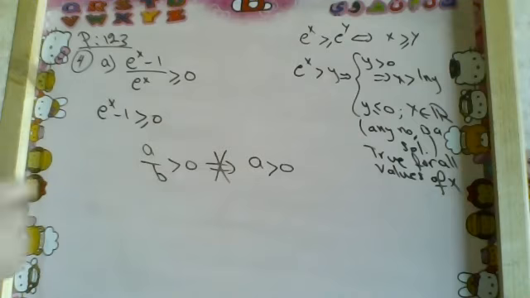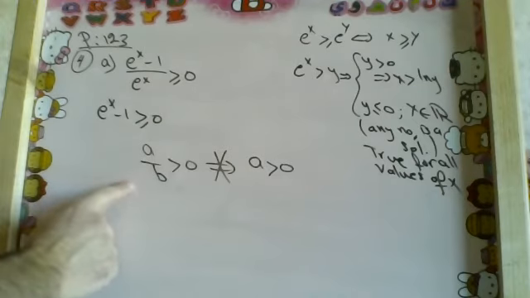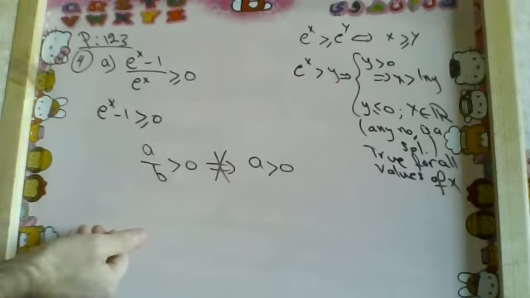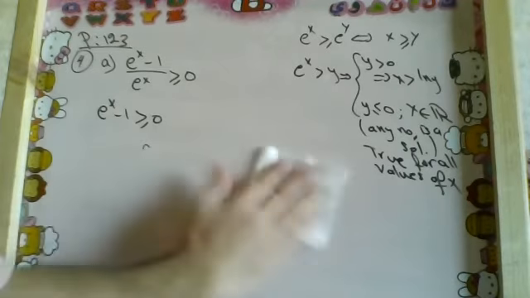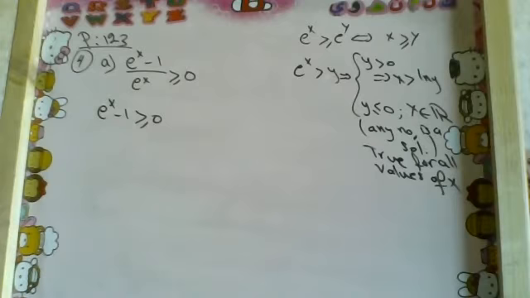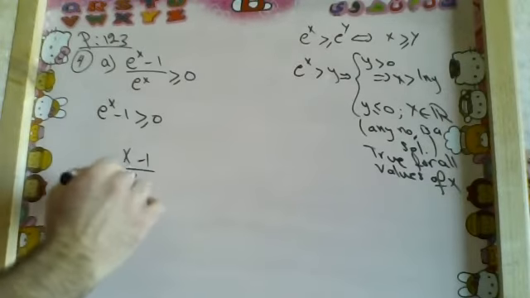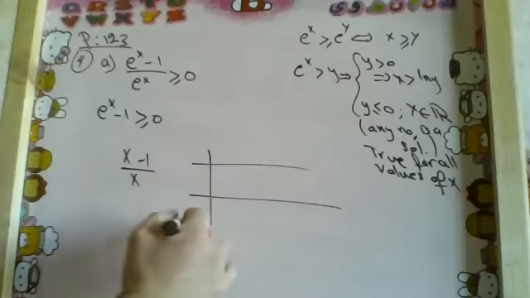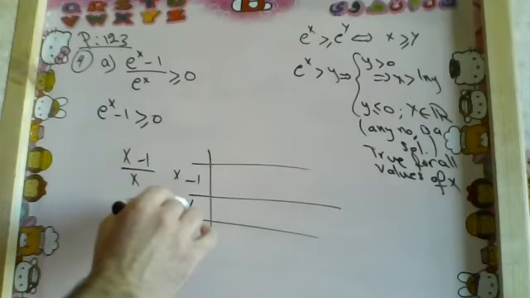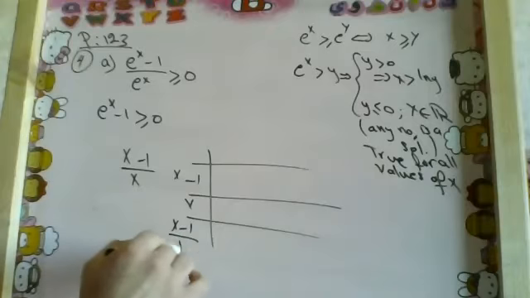In fact, to study the sign of a over b, you make a table. This is the example I was giving you before: x minus 1 over x. Table of signs: x minus 1, x, and then the ratio x minus 1 over x.